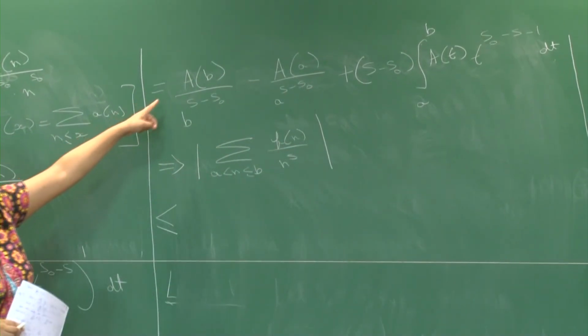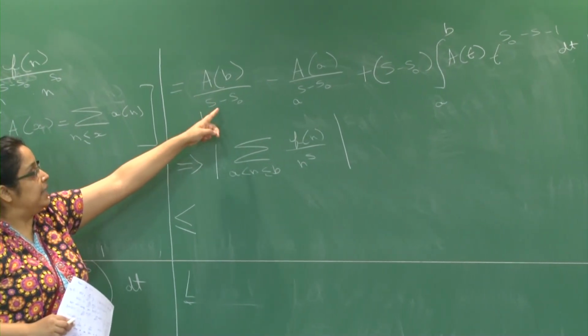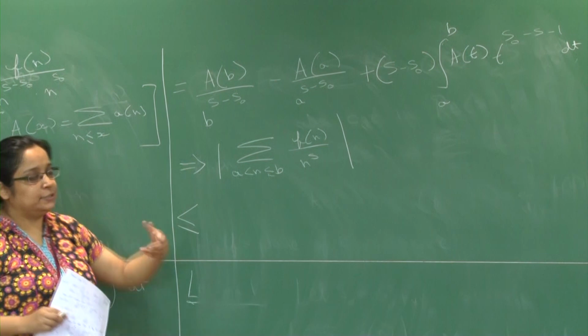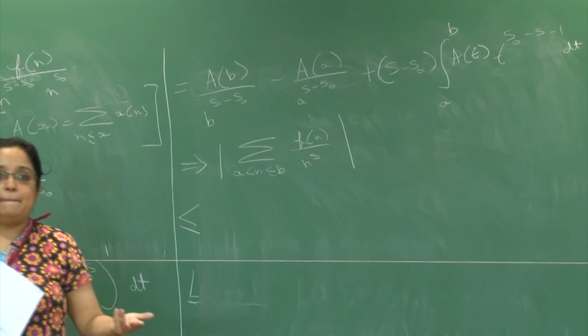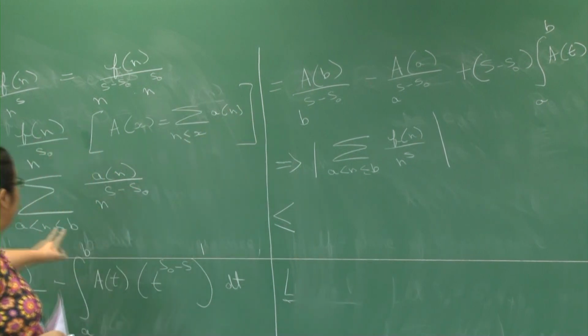So you have absolute A of b over b raised to the s minus s0. Absolute value of b raised to the s minus s0 is just b raised to its real part. You have an absolute bound for A of b.